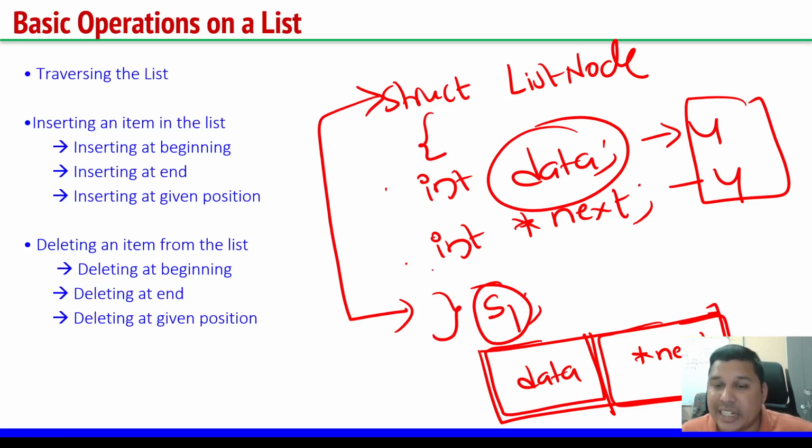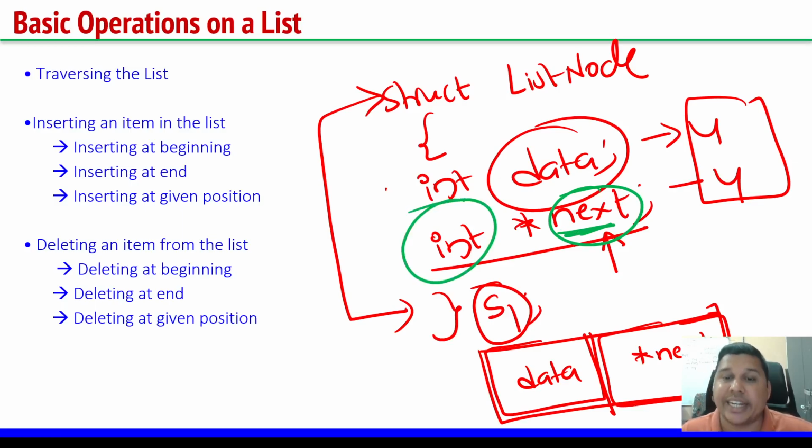So, when I write int star next, we know that next is a pointer variable. This next is storing the address of another variable. That is the definition of a pointer: a pointer variable stores the address of another variable. That other variable's data type is int.